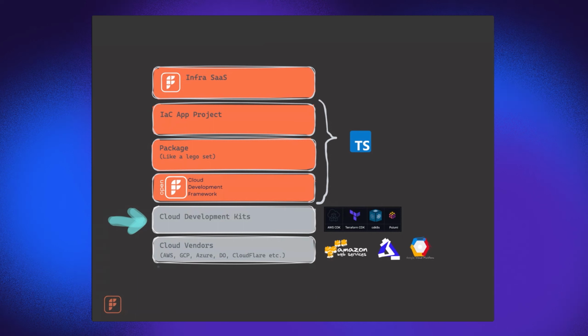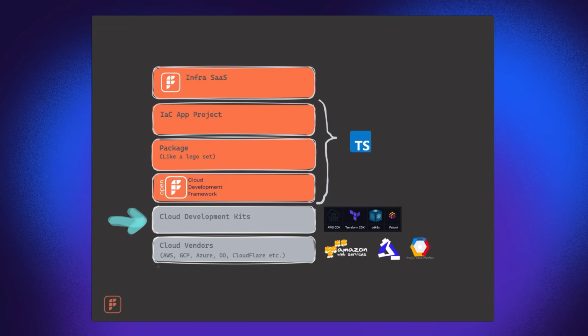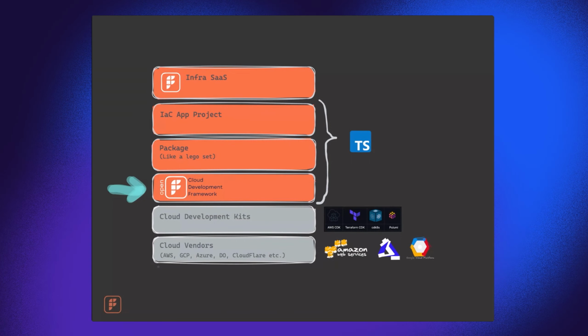So all the way at the bottom, as you would expect, we have the cloud vendors, AWS, GCP, etc. On top of that, we're built using CDKs, so AWS CDK, CDK for Terraform, or Pulumi. And on top of that, we've got the Cloud Development Framework.